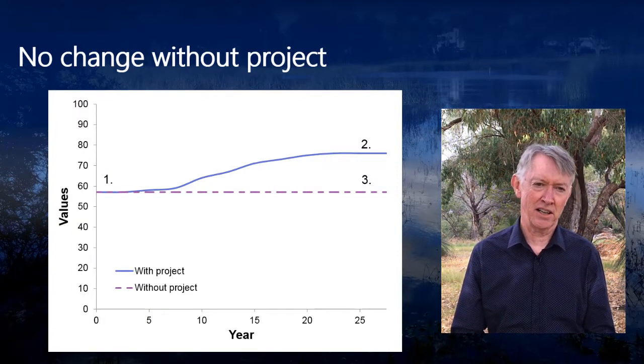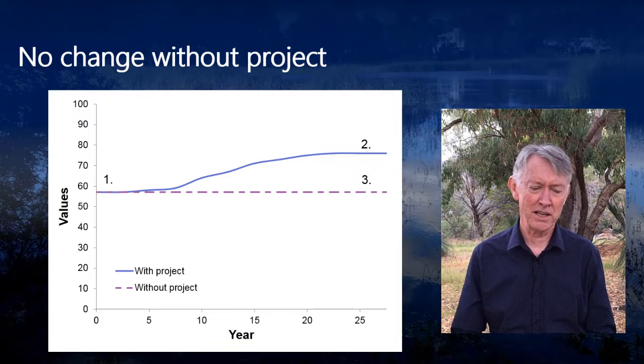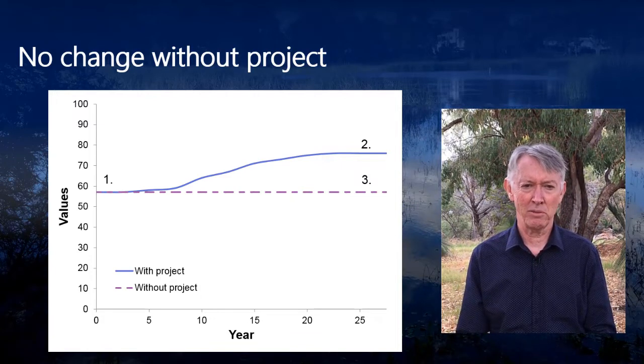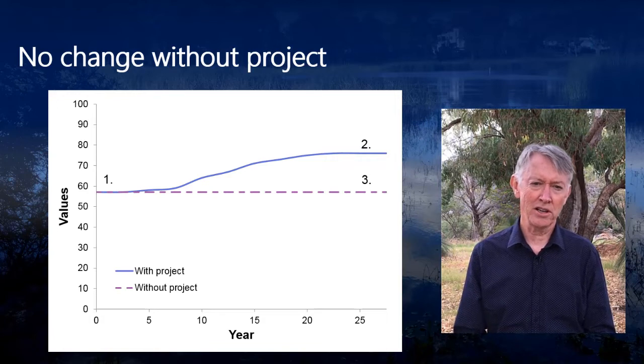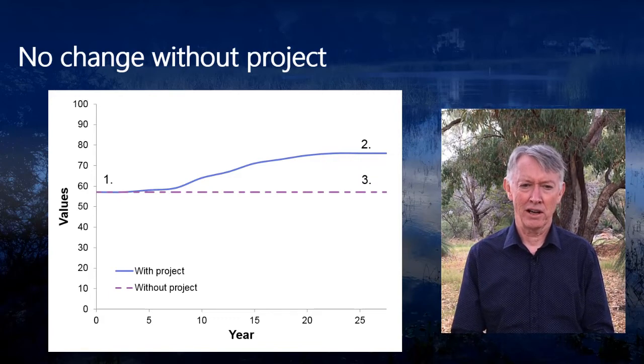Here is a graph that shows how things might unfold if we do or don't implement a project. The blue line shows what would happen if we did do the project. As we go from left to right on the graph, as time passes, you can see that the values generated by the project increase over time.